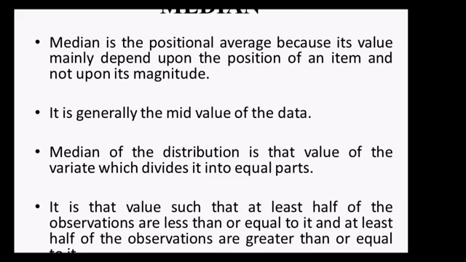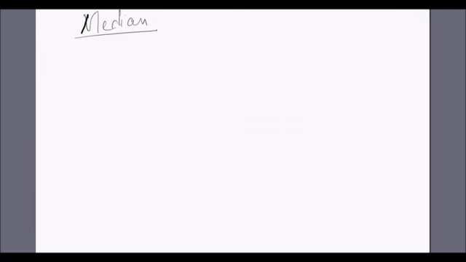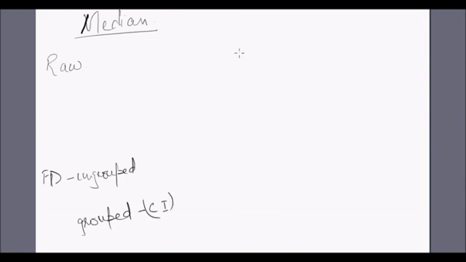Alright, so let's see how to find the median from a given data. As usual, we have the data given as the raw data, or we have the frequency distribution, which could be either ungrouped or grouped, that is having the class intervals.